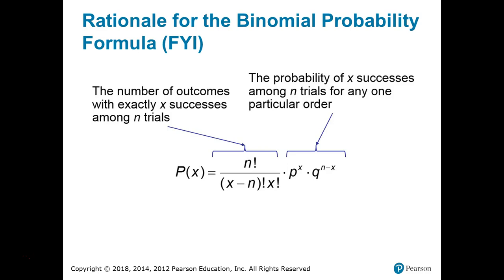So it's the probability of x successes among n trials for any particular order. So the probability of success is going to be p to the x power for however many times you want to have a success. And then q is going to be how many times a failure raised to how many times you failed. How many times you fail is going to be n minus x. So that's the rationale for it.